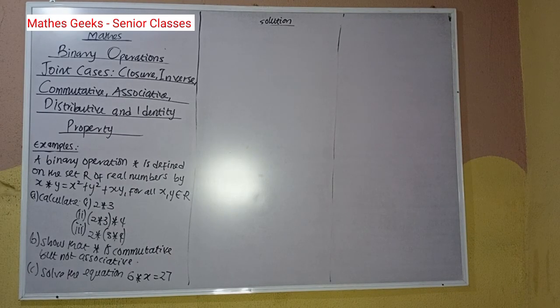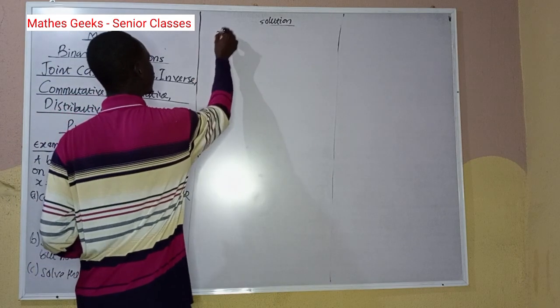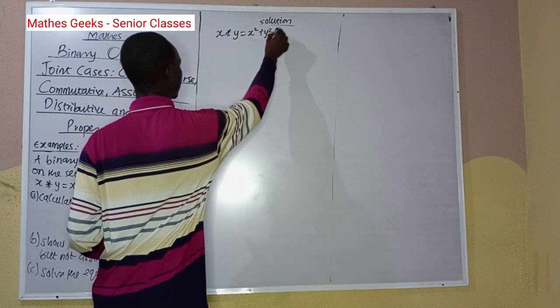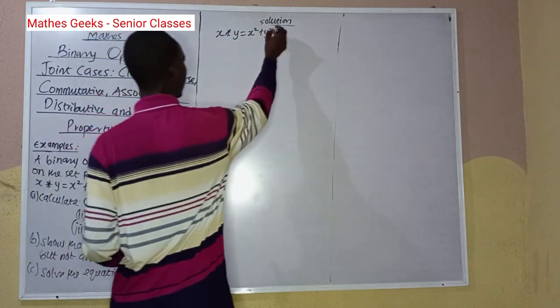A binary operation star is defined on the set R of real numbers by x operation y is equal to x squared plus y squared plus xy.